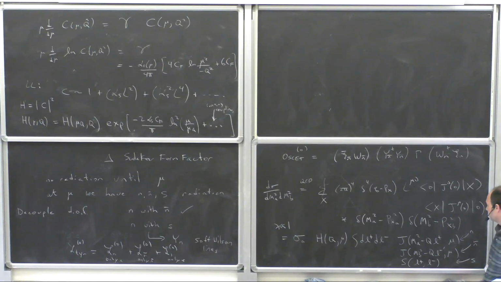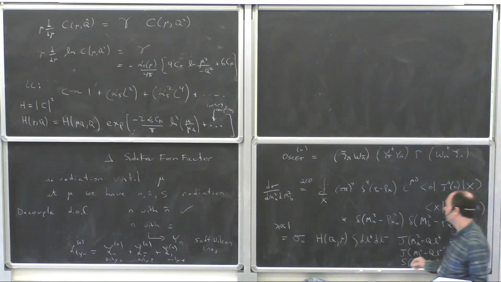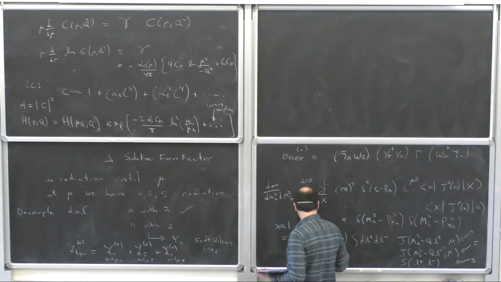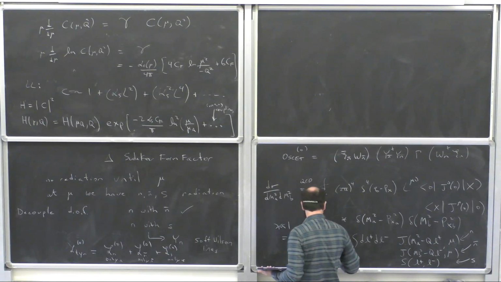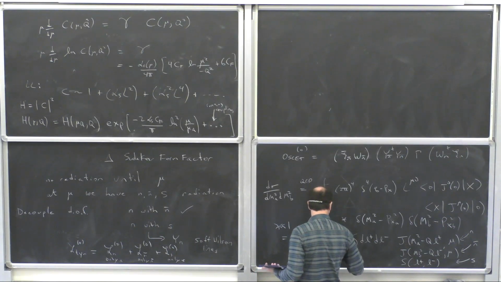So what's important to note is that we have not made an expansion in alpha. We've made an expansion in lambda, but this formula is to all orders in the strong coupling. There's no alpha S expansion. Usually we're used to having to rely on perturbation theory.